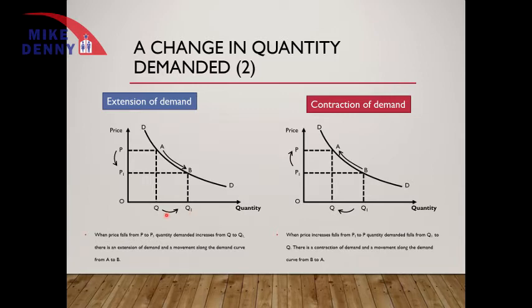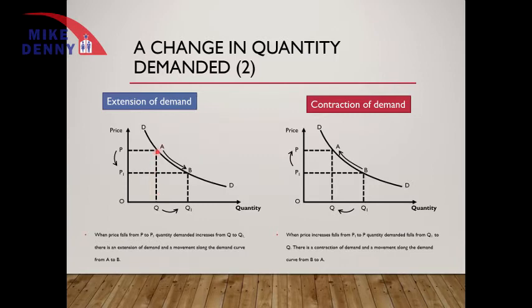So when there is an increase in quantity demanded, there is a movement along the demand curve, like this. A is the point on the demand curve that gives the combination of price P and the quantity bought at that price. So that was the point.